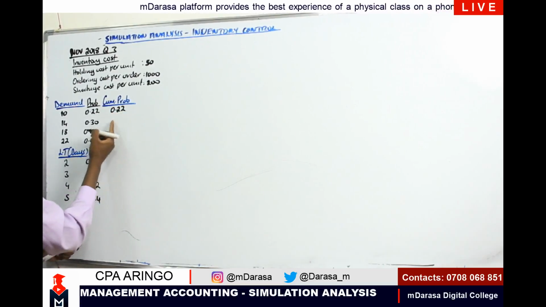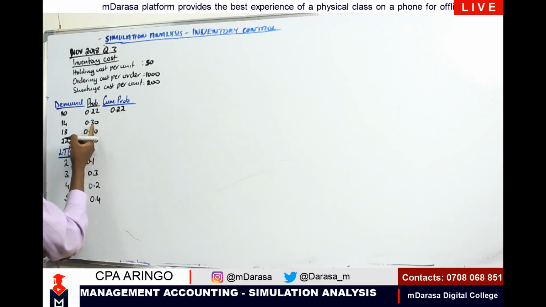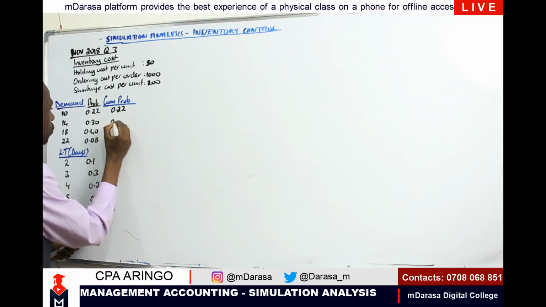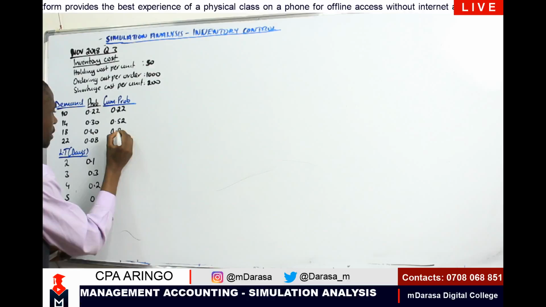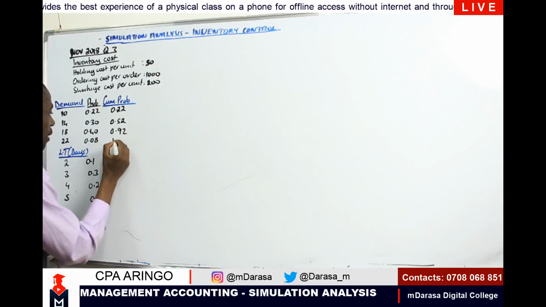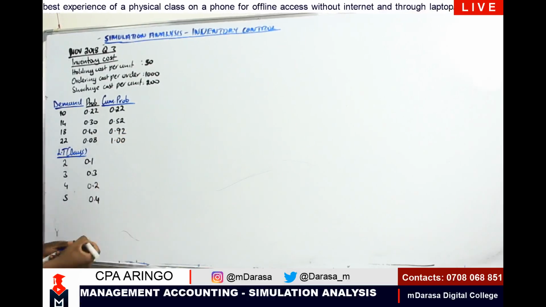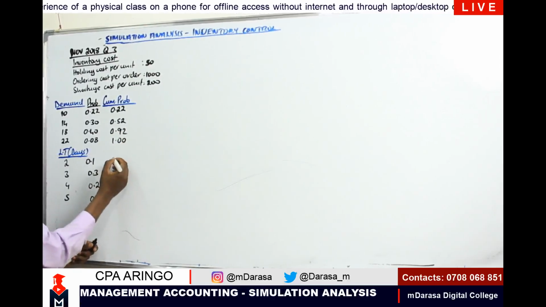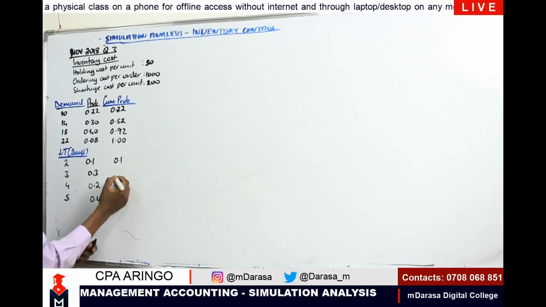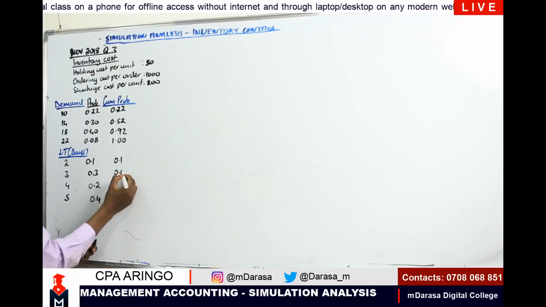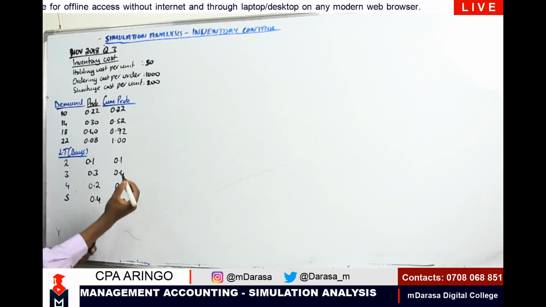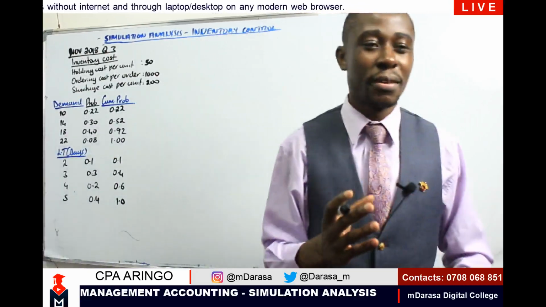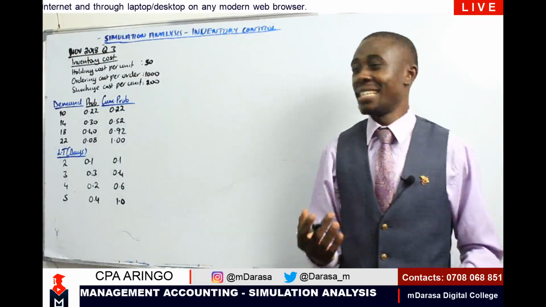Cumulative, in this case, I add 0.30 to 0.22 to give us 0.52, then 0.92 and 1.00. The other cumulative probability has 0.1, 0.4, 0.6, and 1.0. So that is the second step, cumulative probability.